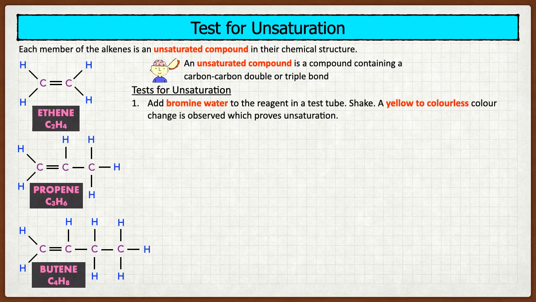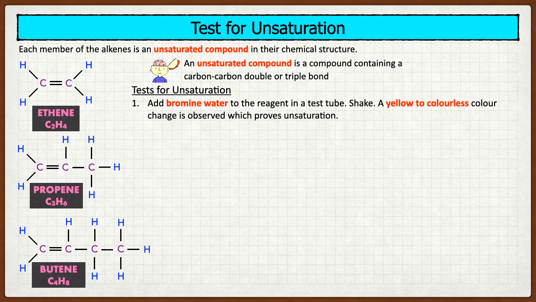One, we add bromine water to the reagent in a test tube. Now in our case it's going to be a gas in a test tube, but in other circumstances it could be a liquid. Bromine water is usually yellow and very dilute. It could be red-brown if it's quite concentrated, but it's usually yellow when it's dilute, and a yellow to colourless colour change will prove the presence of a double or triple bond.